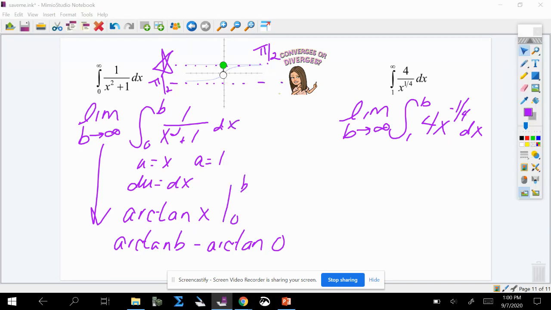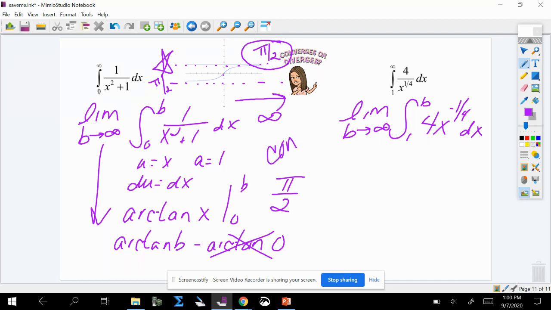So that's 0. The arctangent, as I go towards positive infinity, is going to have a limit of pi over 2 because it flattens out to pi over 2. I don't expect that you knew that graph before you started this video, but it is something that you want to take a look at and get comfortable with. So because we get a finite number, it converges.